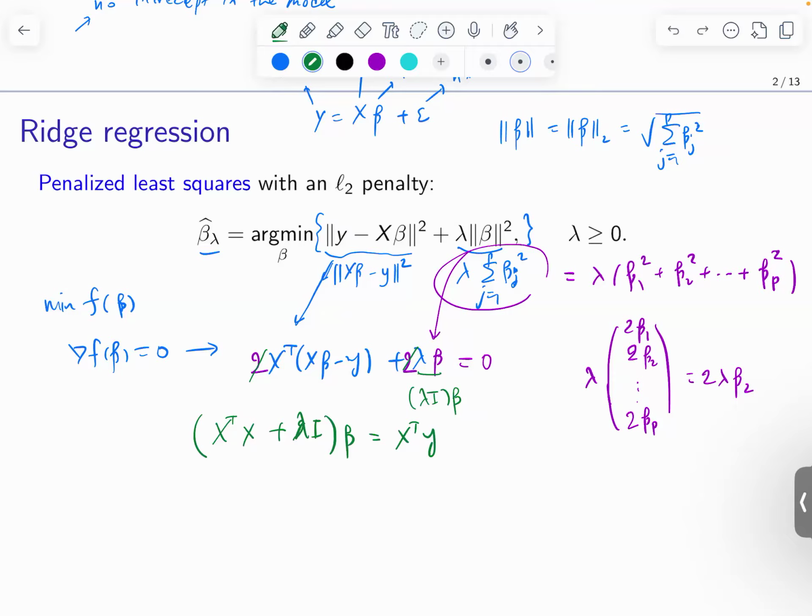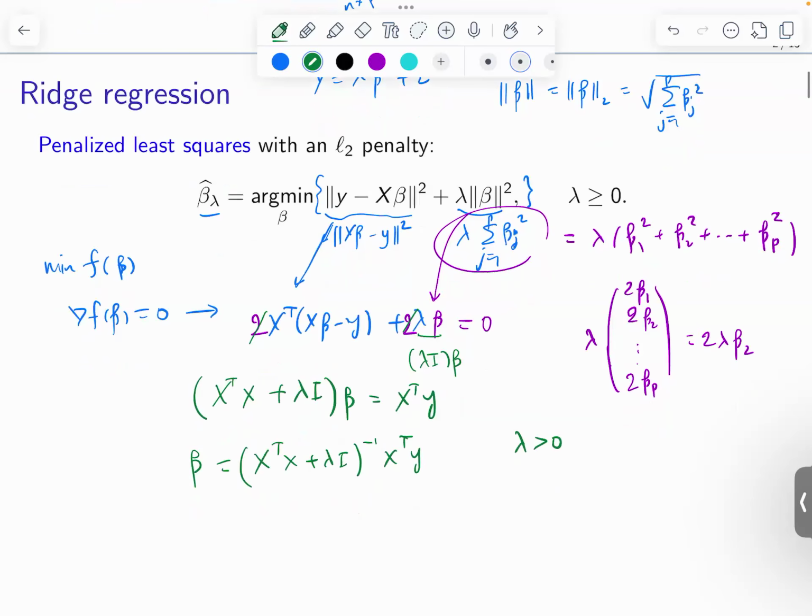This extra lambda I is very useful because it guarantees that this matrix is always invertible if lambda is positive. So beta is equal to X transpose X plus lambda I inverse times X transpose y. We can call this beta hat lambda.